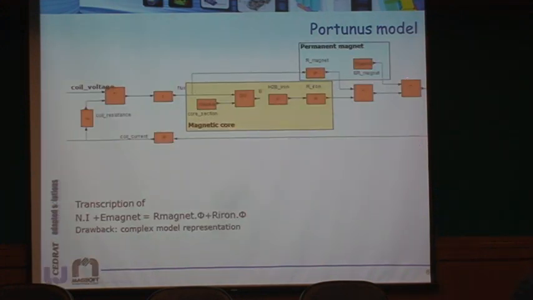And here they are. So we have the permanent magnet, we have the magnetic core, and the coil voltage. We have the coil voltage, the resistance, and all of those things. So that's actually quite a complicated part because, well, it's not complicated, but it's painful because you have all those blocks. We prefer never to do this kind.